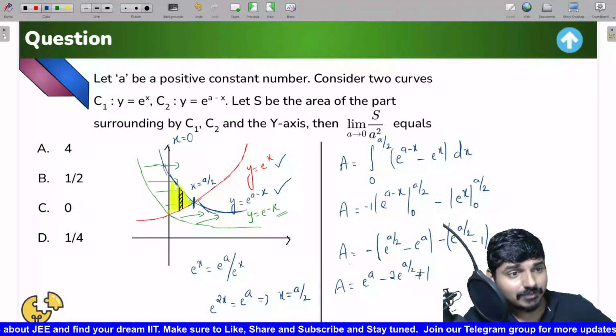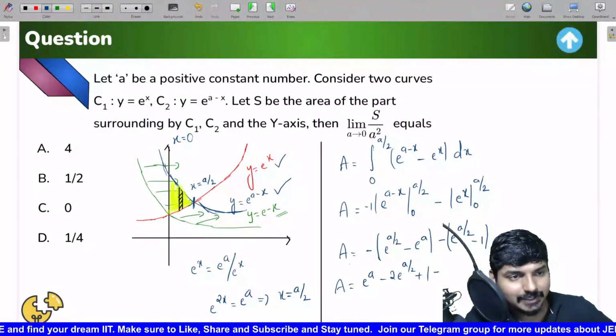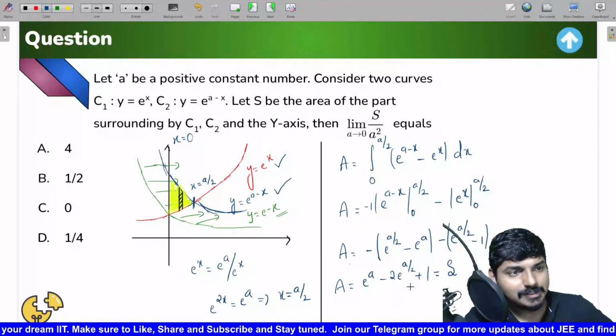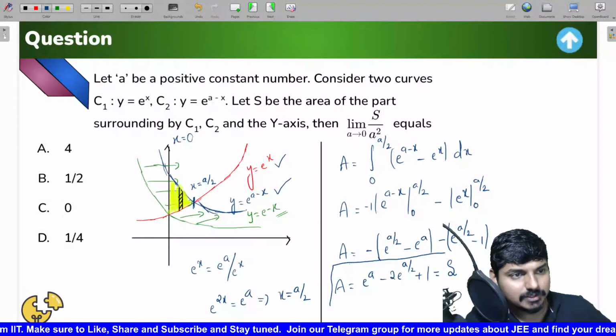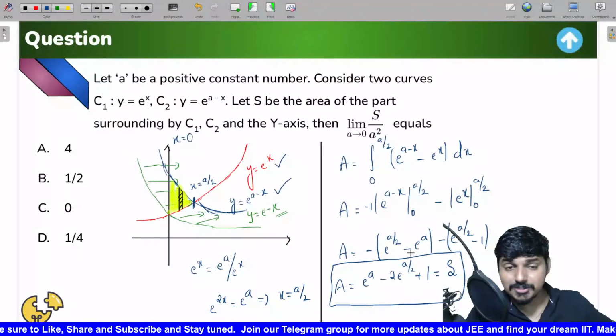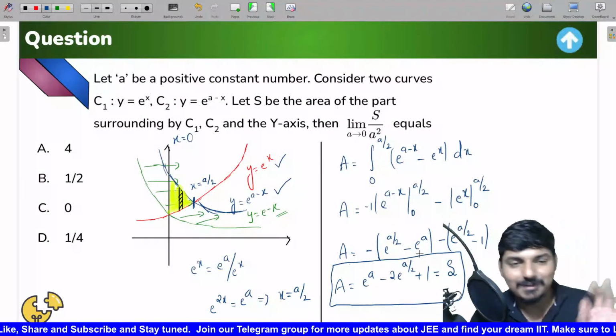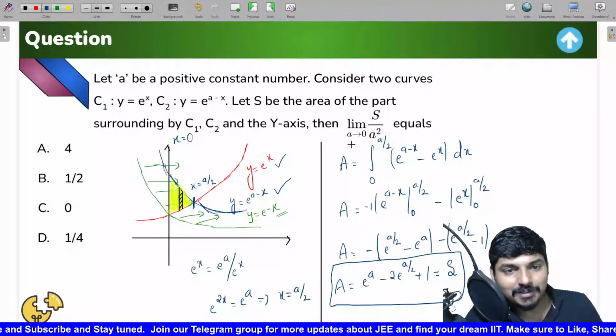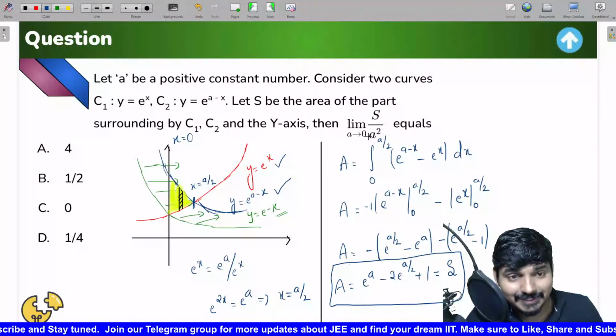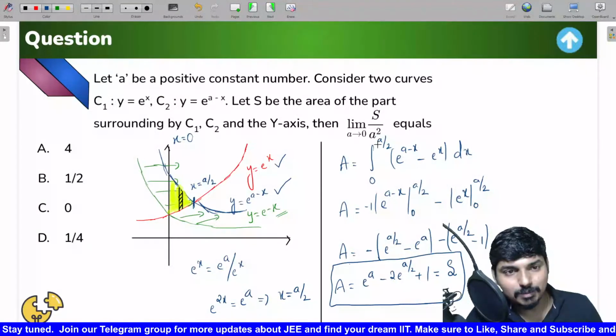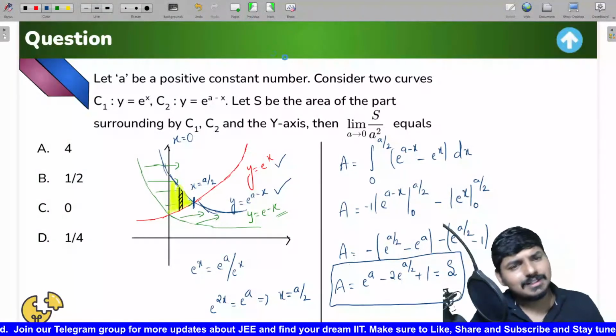Now let us say this is indicated by S, according to the question. So we got this particular part. Now the question is not yet complete. Still the question is left out. We need to figure out the limit a tending to 0 of S by a square, everyone. So how do we do that? It's very simple.